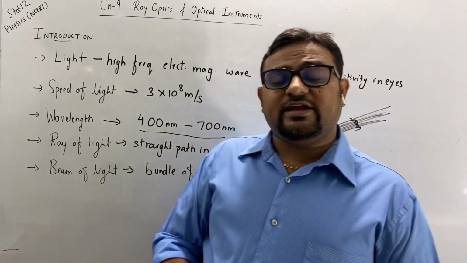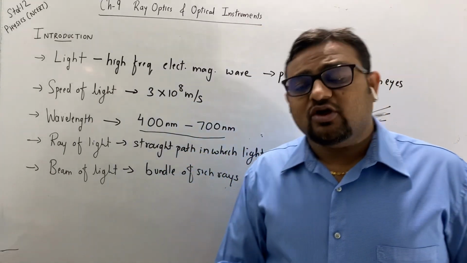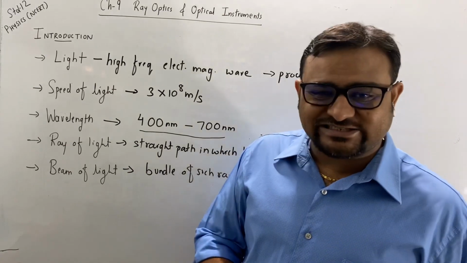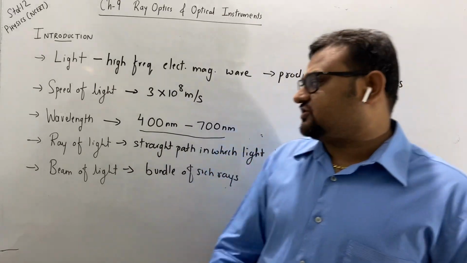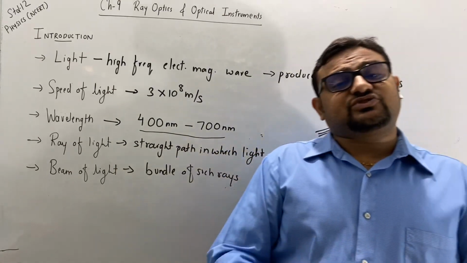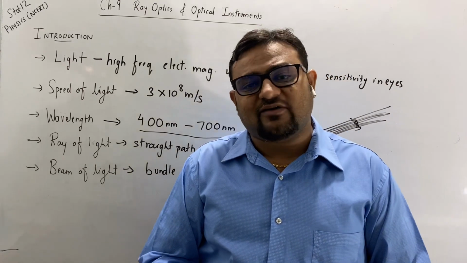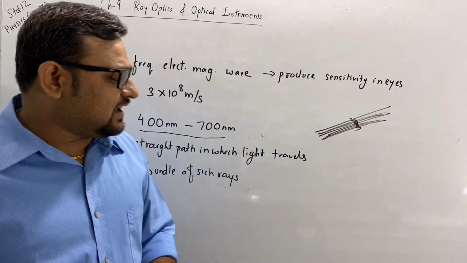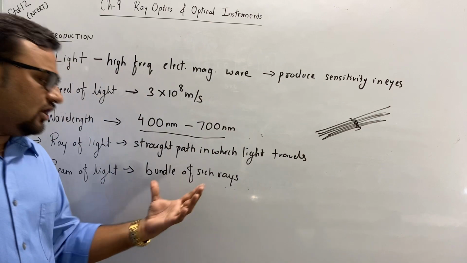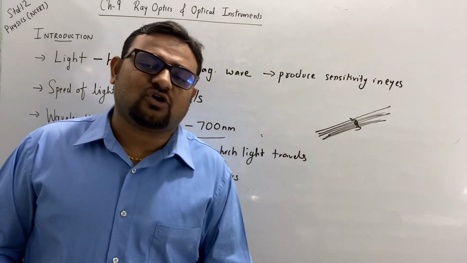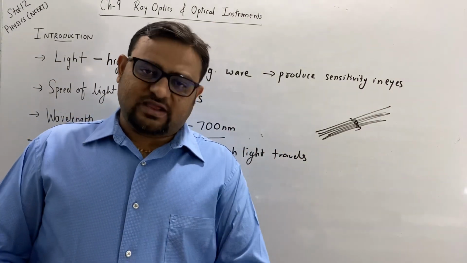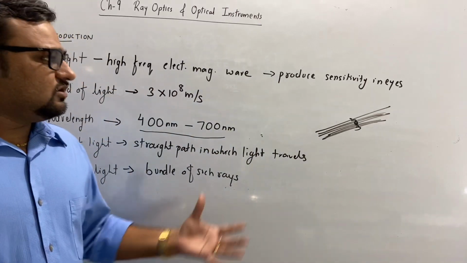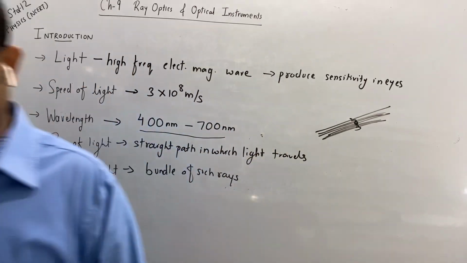Wavelength, 400 nanometer to 700 nanometer. You can also say 4000 angstrom to 7000 angstrom. Ray of light, the straight path in which light travels is called a ray of light, and a bundle of such rays is called a beam of light. Okay, so just quickly go through these topics.